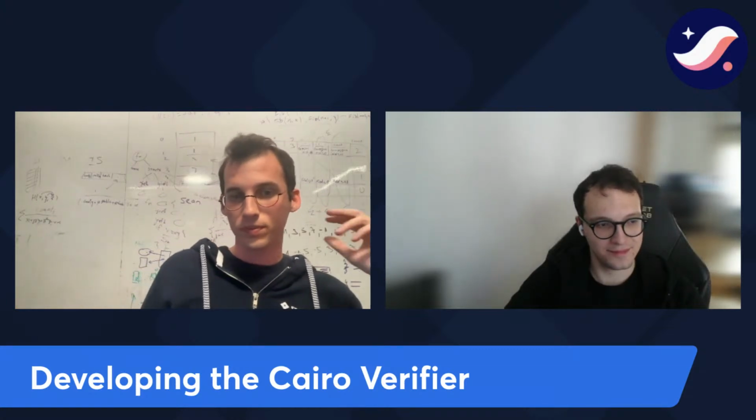Your Cairo verifier, maybe we haven't mentioned, is written in Cairo 1. So the question arises, why? Why not just take the existing Cairo 0 verifier and use it on Starknet?